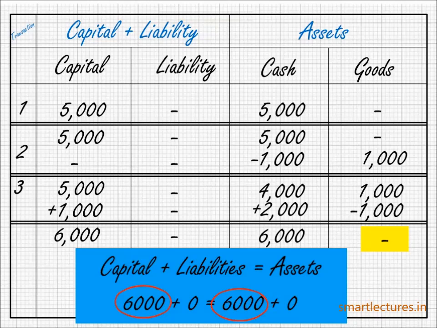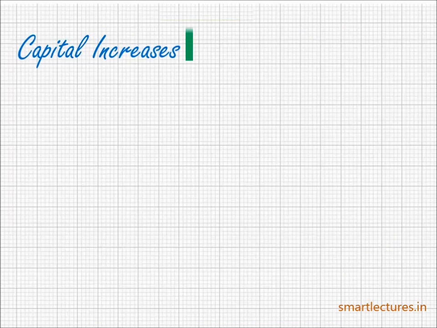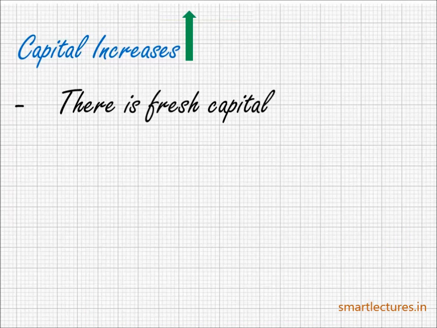In this situation, one thing more I would like to bring in your notice, that there is never ever change in the capital. I mean to say there will be no increase, no decrease, except if there is fresh capital, then there will be increase in the capital. I mean to say if the owner brings some more cash or asset to the business or to his shop, whatever it is, then it will be called fresh capital and the capital will be increased.